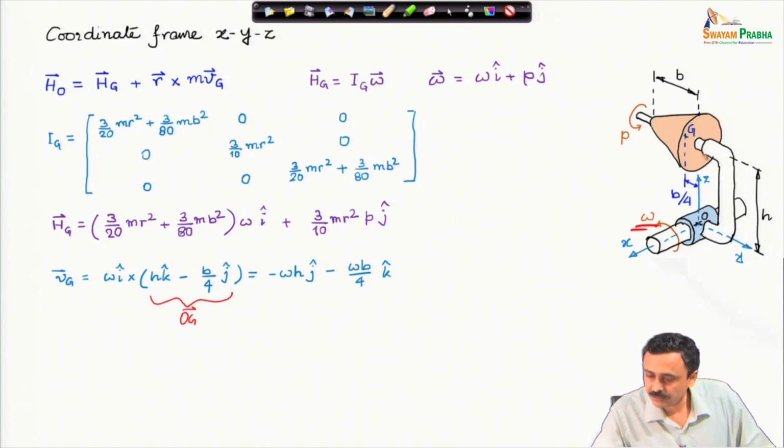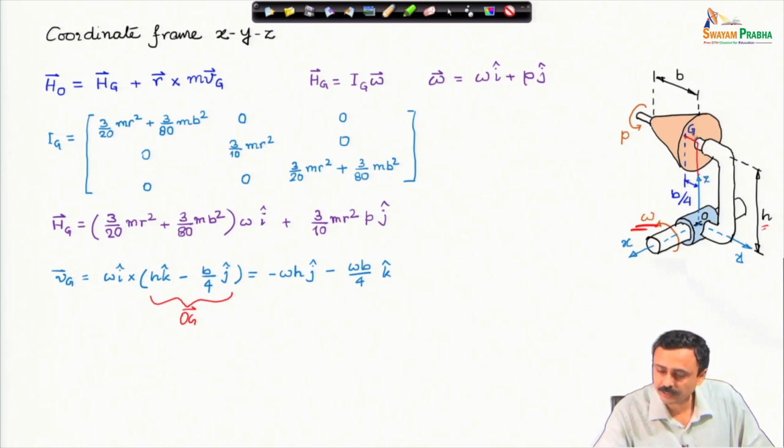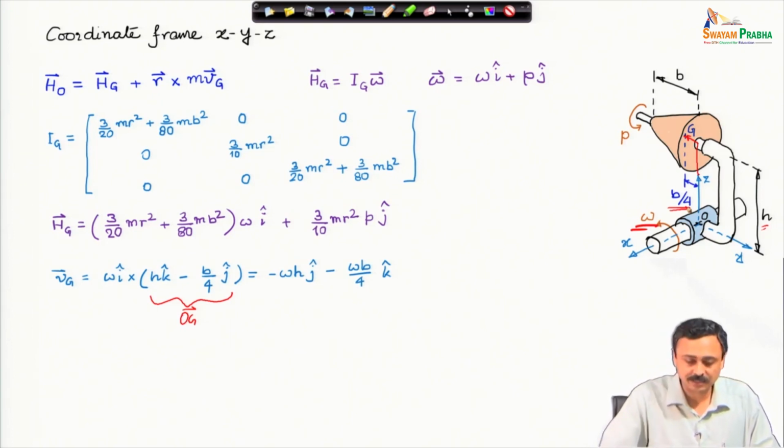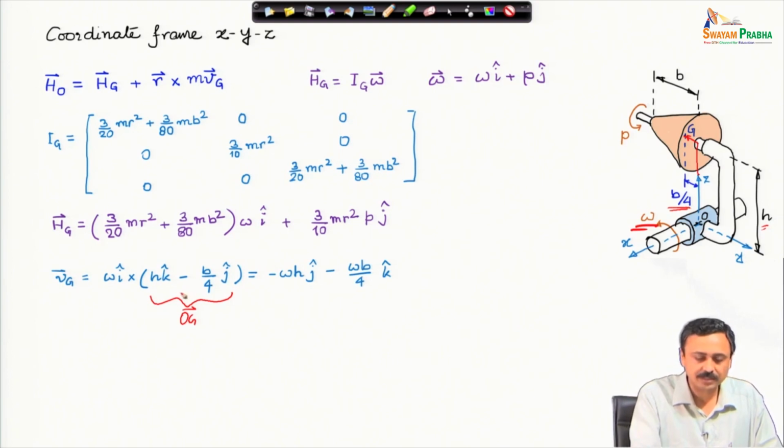In the k cap direction, it is this dimension h, and then from the base of the cone to the center of mass of the cone is b by 4, in the negative y axis direction. That is why we have this negative sign.